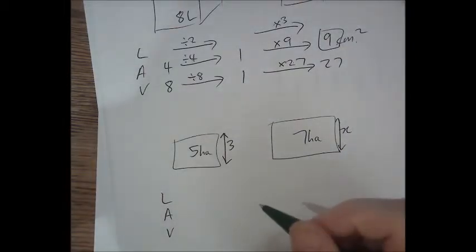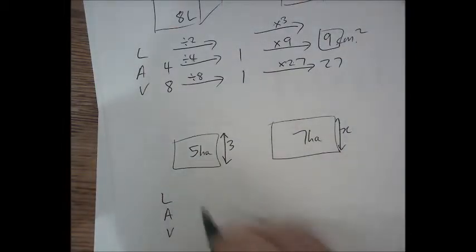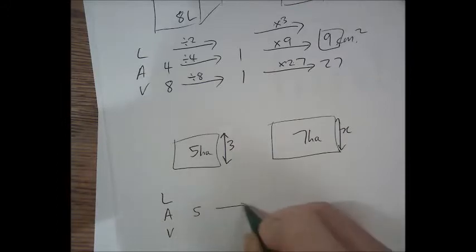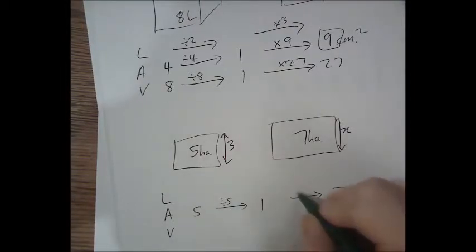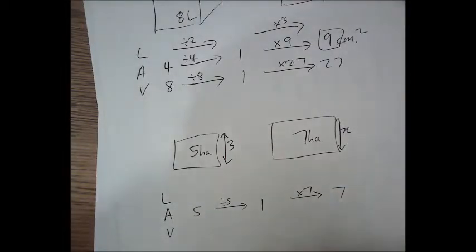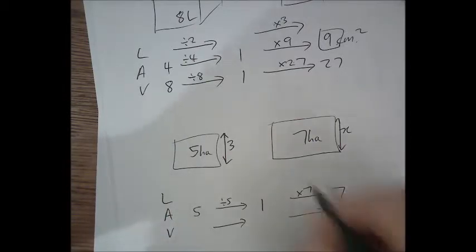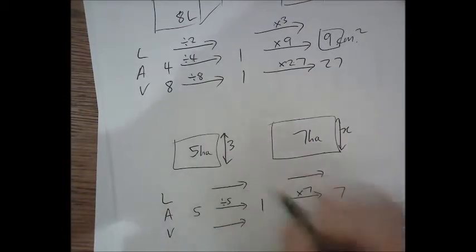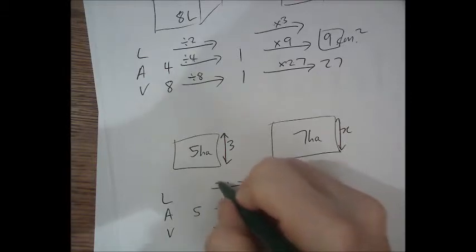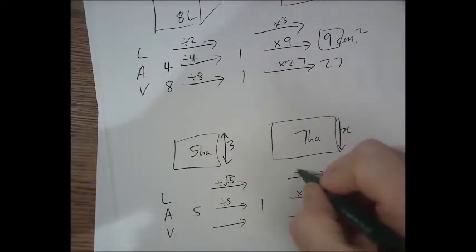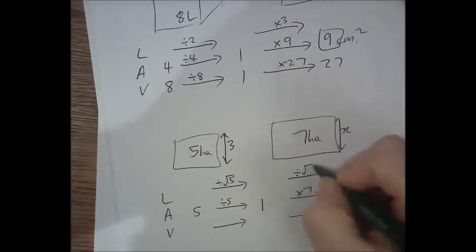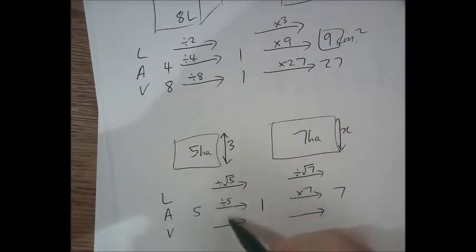For area, we have a 5 becoming a 7. It's not at all easy to see how 5 becomes a 7, so let's go by the number 1. First we divide by 5, then we times by 7. Now, got to complete the arrows. That needs to be the square of that. That needs to be the square of that. And that needs to be the cube of that.